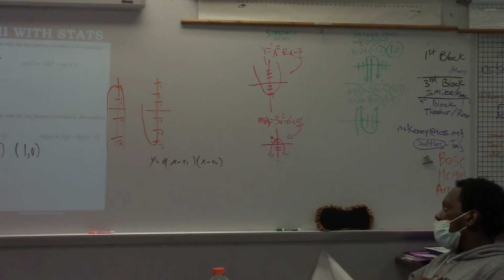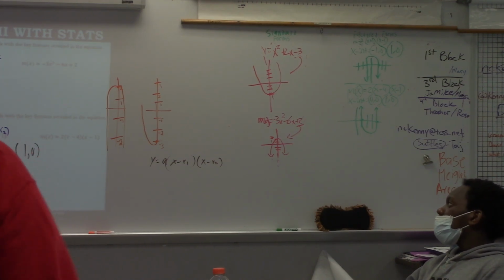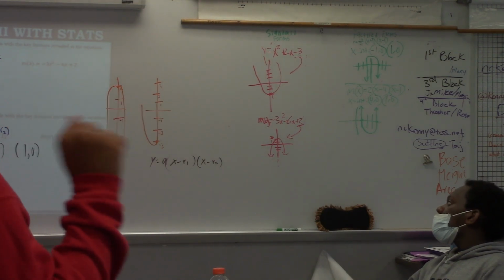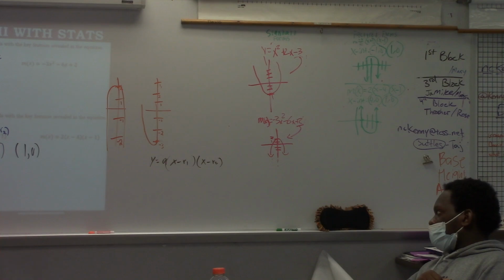A times (x minus R1) times (x minus R2). So remember, when it's grouped with the x like that, it's x minus R1, and that's going to play into an important feature in a second.